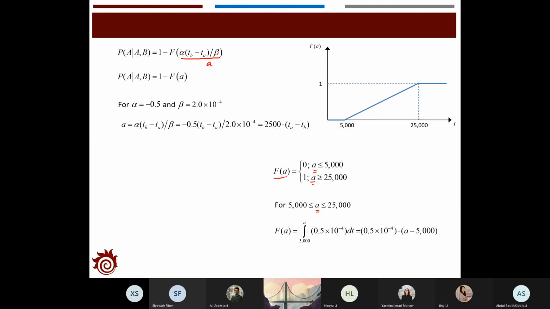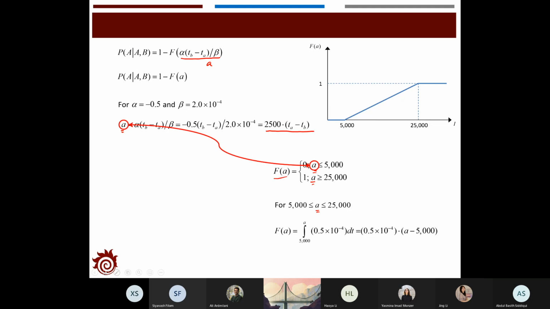Now if we put all the values of A, alpha and beta in this equation, you can get that A actually equals 2,500 times TA minus TB.